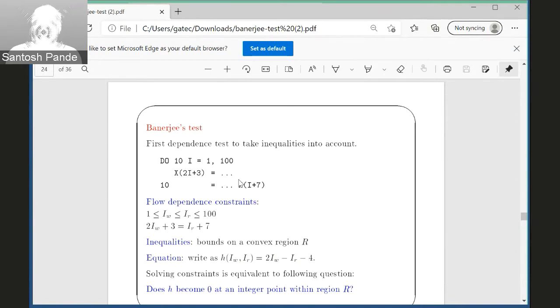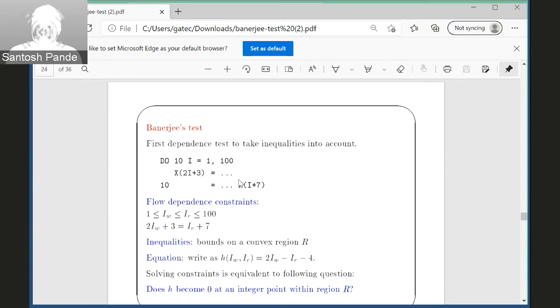And the question is whether this particular function H of IW, IR embraces the value of 0 as an integer point within the region R. Now, what does within the region R mean? You can see that IW and IR both have constraints on them, that both of them are greater than 1.